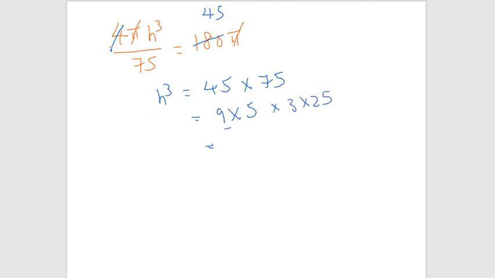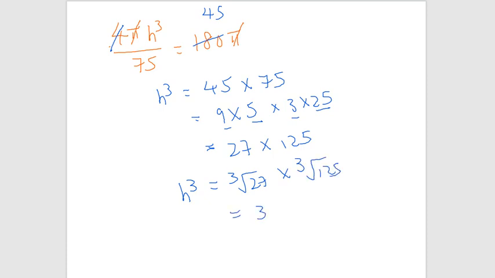So 3 and 9 is 27, and 5 and 25 gives you 125. So h will be cube root of 27 times cube root of 125. Cube root of 27 is 3, cube root of 125 is 5. So h will be 3 times 5, 15.